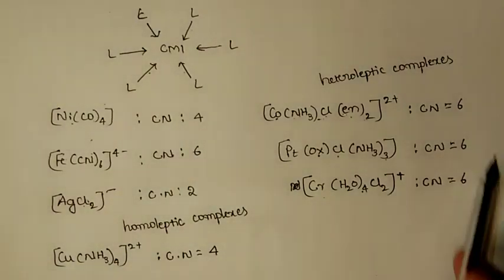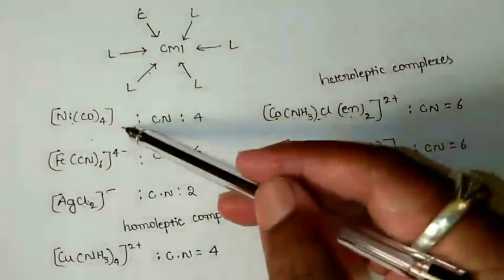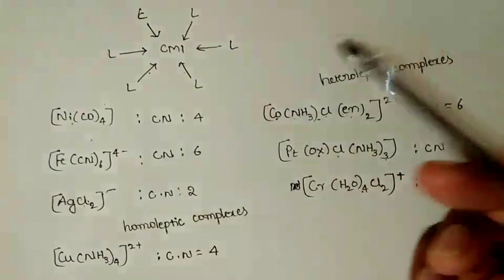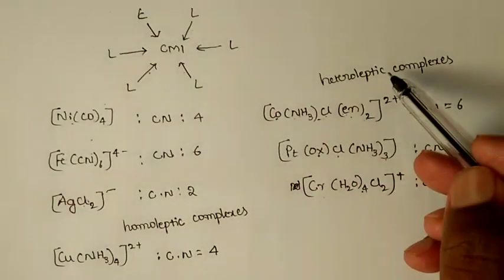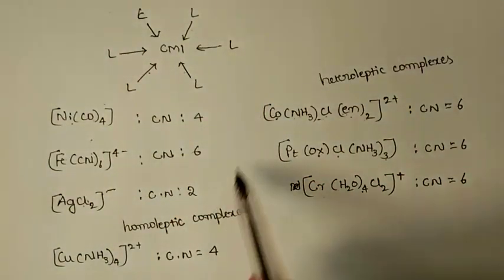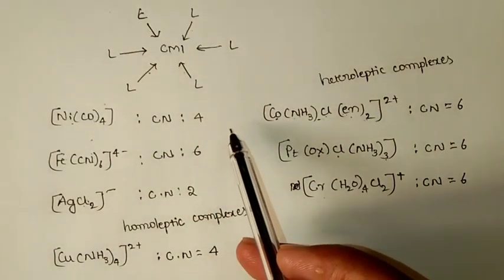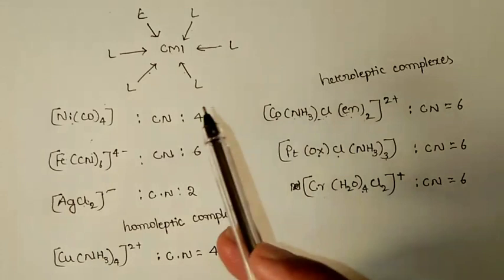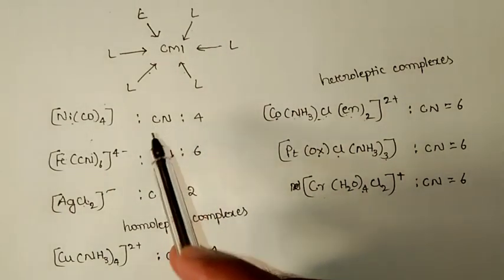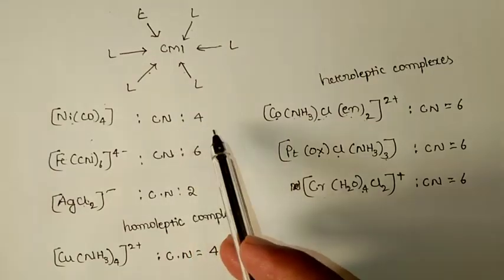Likewise, we can easily determine the coordination number of the central metal atom or ion, whether it is a homoleptic or a heteroleptic complex. We just have to count how many ligating atoms are attached to the central metal atom or ion.